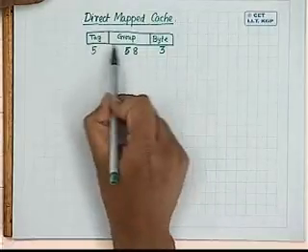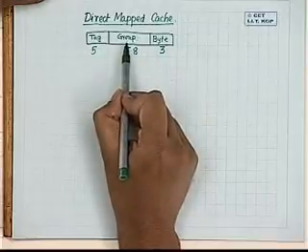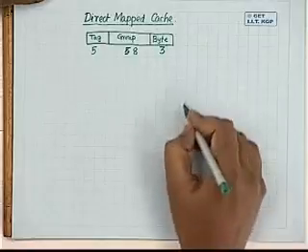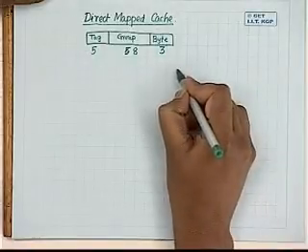Okay. So because there are two component addresses for every block in the main memory, I can logically put the main memory in the form of a two-dimensional array.